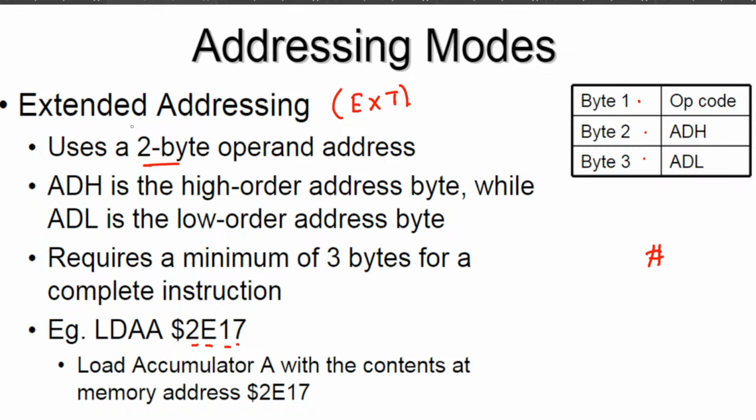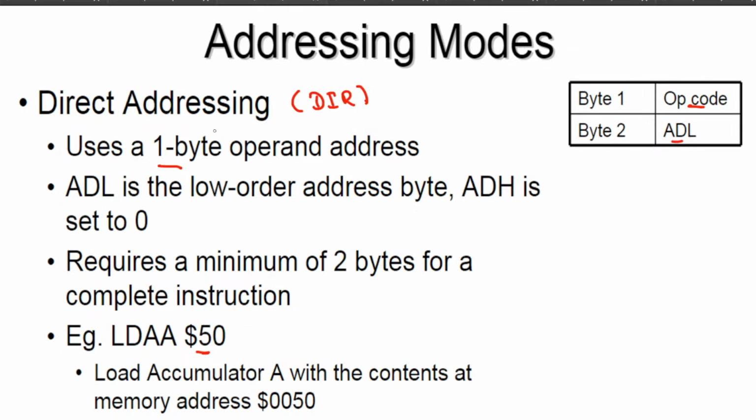But that's extended addressing. If you go to direct addressing, it's only 2 numbers, and that is 4 bits for each number, so that's 8 bits. So it only requires 1 byte for the operand. Opcode needs 1 byte, so totally 2 bytes. Okay, so here it says load accumulator A with the contents at memory address 0050.